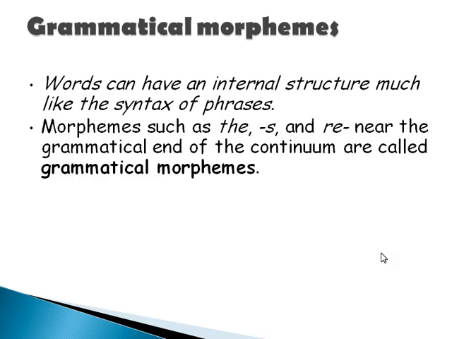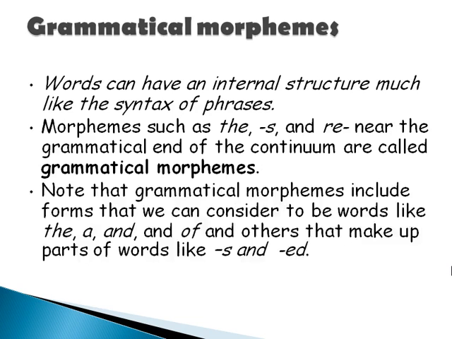Morphemes such as the plural s or the third person final s or re as a prefix near the grammatical end of the continuum are called grammatical morphemes because they play a grammatical role in the word.